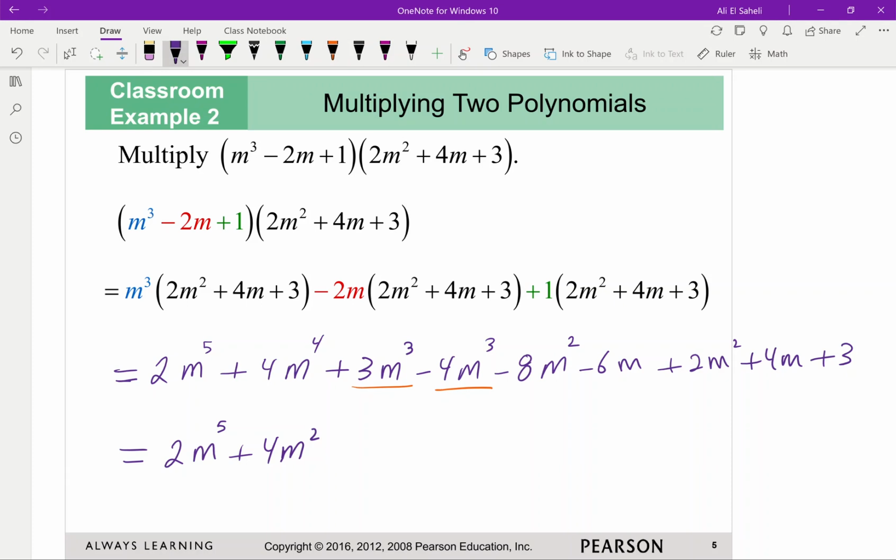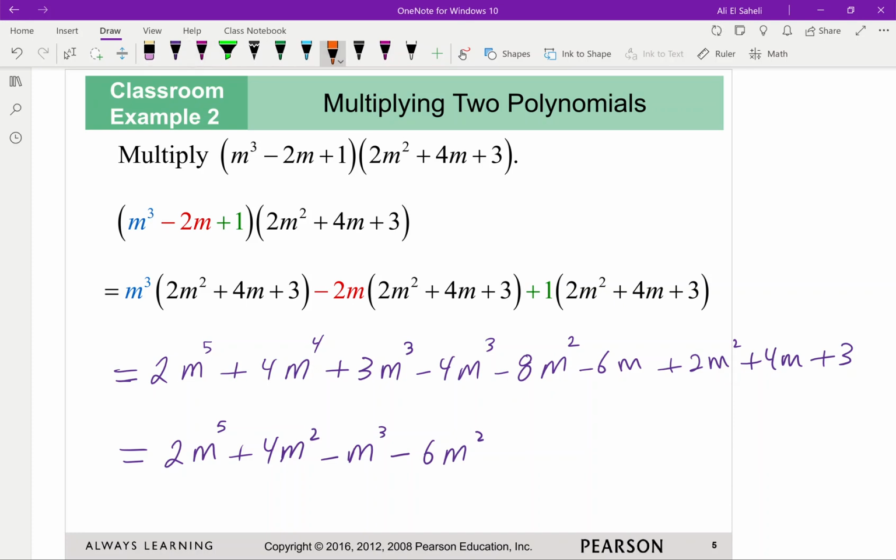So 3m cubed minus 4m cubed is minus 1m cubed. We have these terms raised to the power 2. So minus 8m squared plus 2m squared is minus 6m squared.